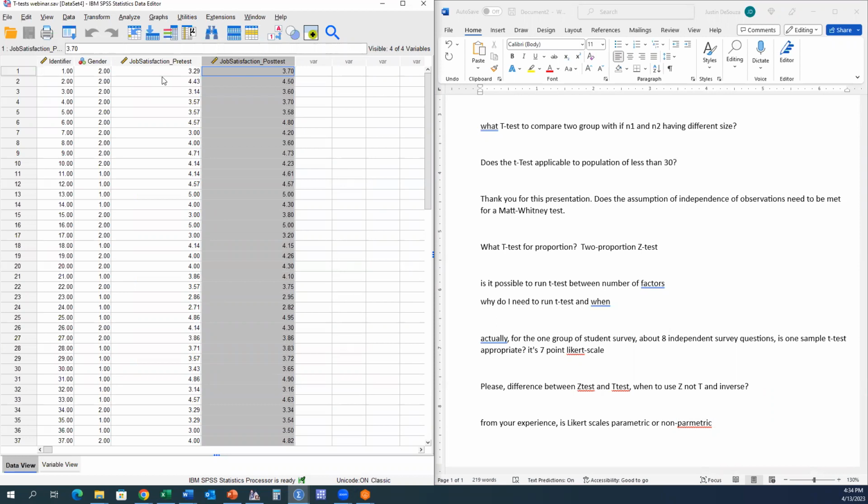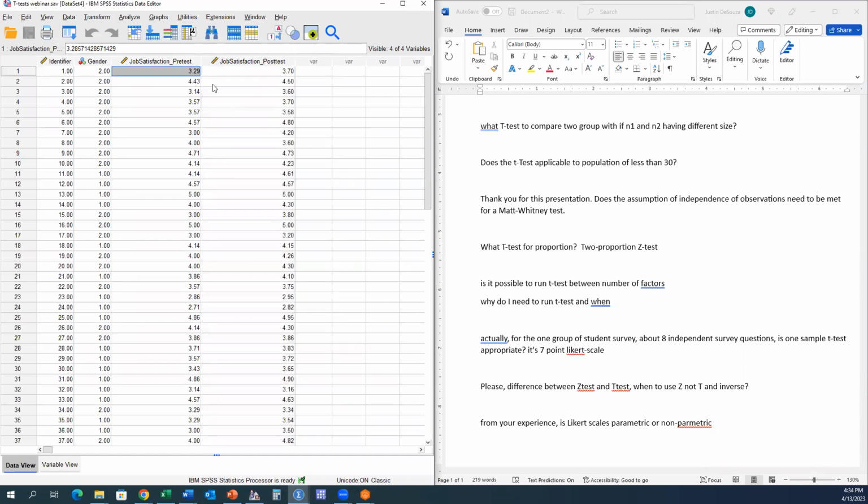You can run parametric analyses in that case. If you have continuous data, if you have decimals, then you should run parametrics. If everything is strictly 1, 2, 3, 4, 5, only Likert scale data, then you should run non-parametrics. That's my opinion, but you can find literature to support the other side of it as well.